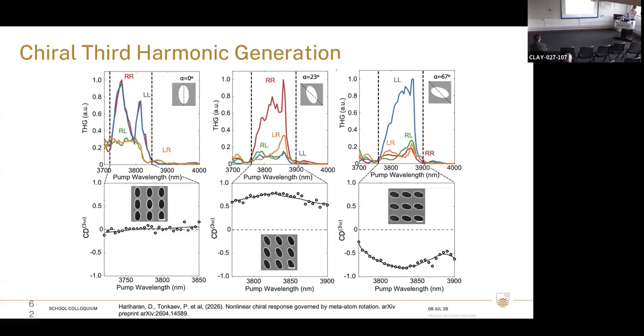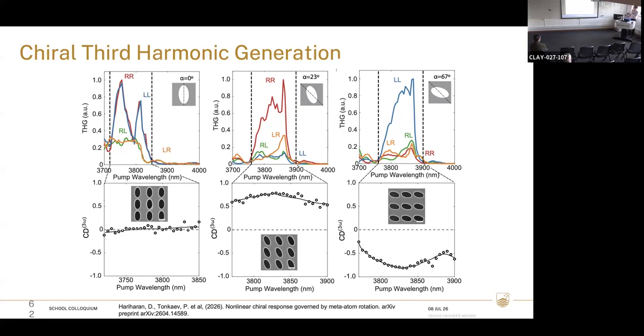But as you can see, the components are close to each other, so the overall CD here is 0. However, for 23 degree, the R component is more pronounced than the rest, and the CD is close to 1 around the resonance.